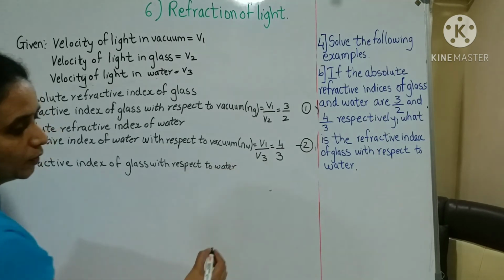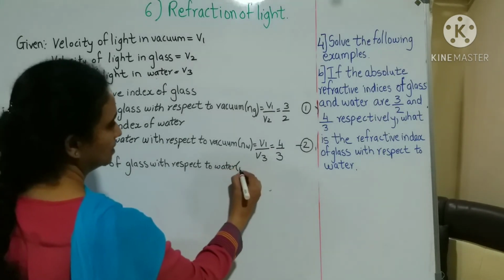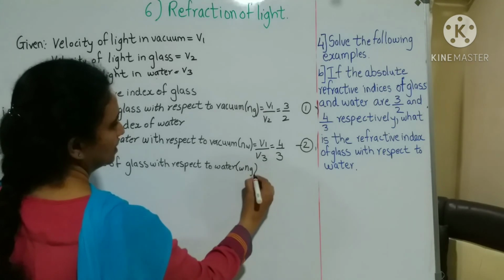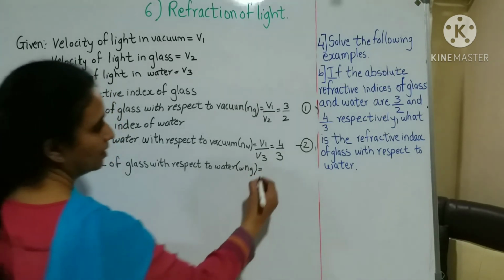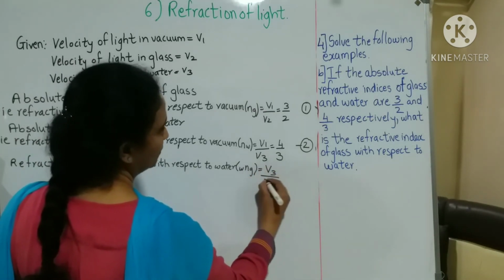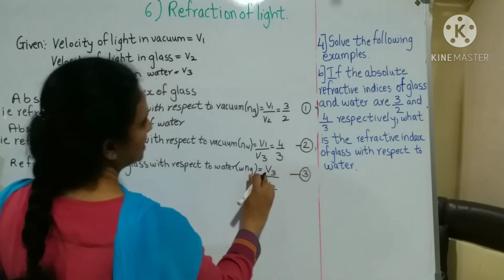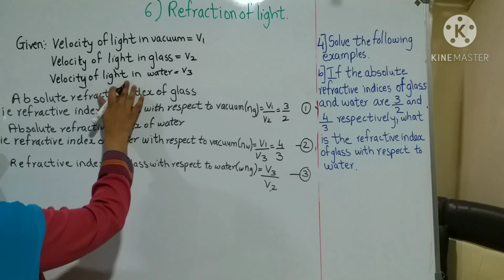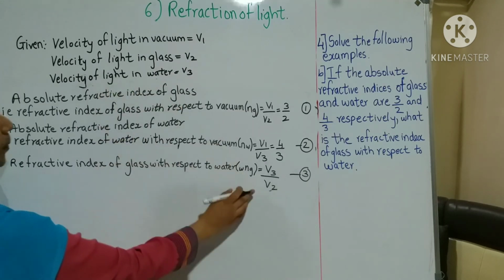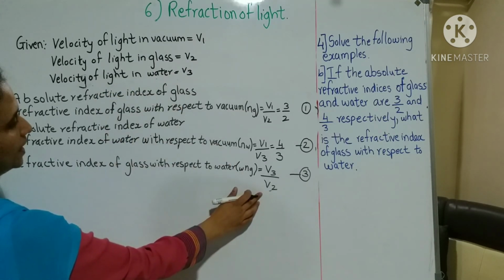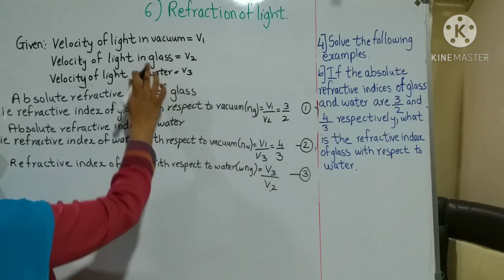This is what we are going to find. So we'll write over here, it is given by the formula V3 upon V2. This is your equation 3. V3 means velocity of light in water upon velocity of light in glass.